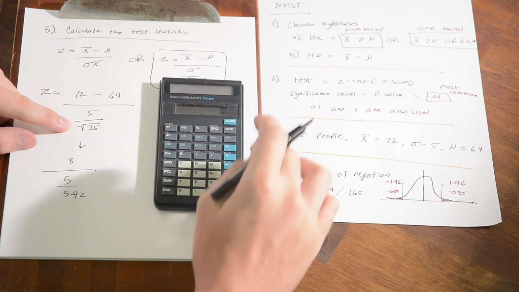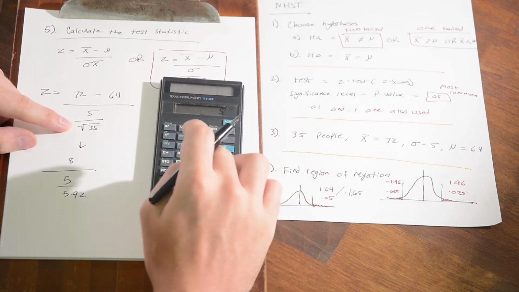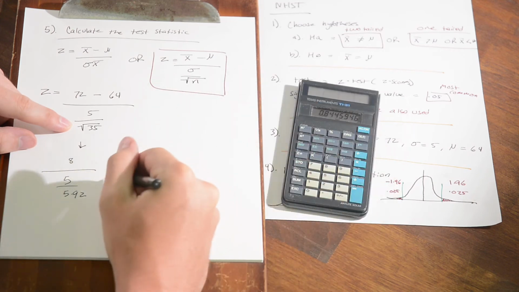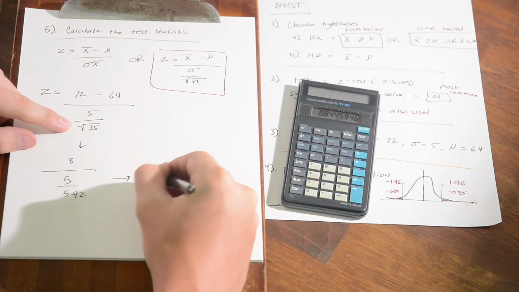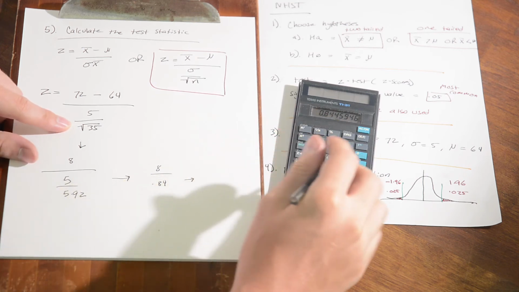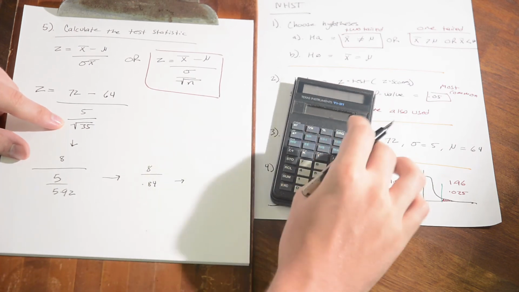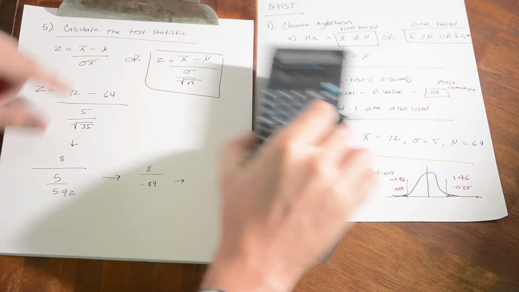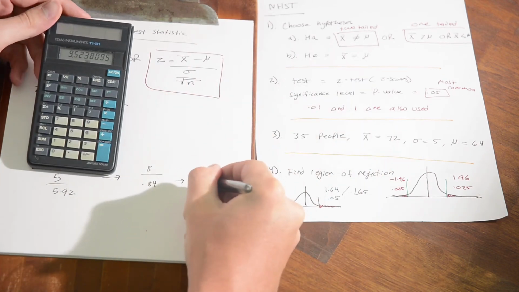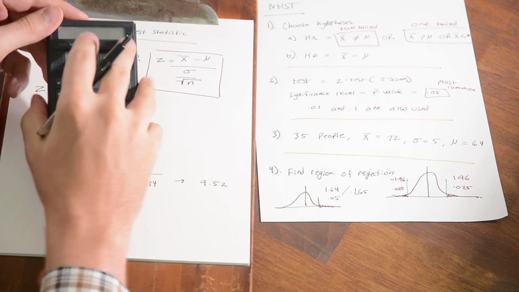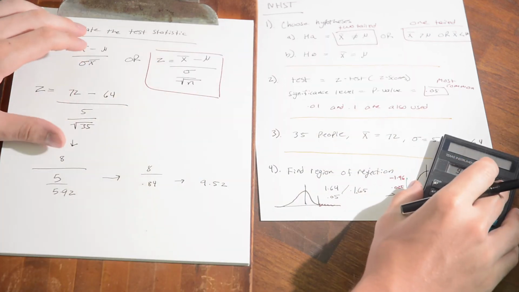Then we divide 5 by 5.92, which is going to give me 8 over 0.84. None of those are high enough to round. Which is going to give me 8 divided by 0.84 is equal to 9.52, just keeping two values to the right of the decimal.